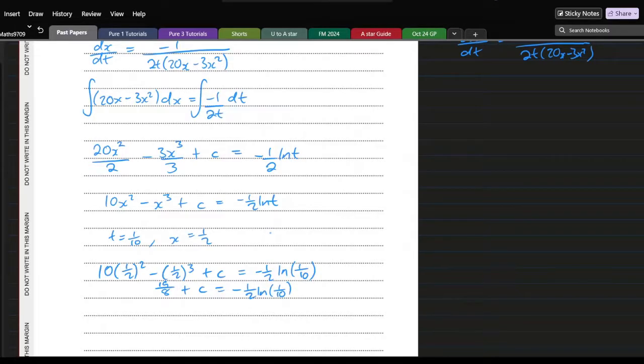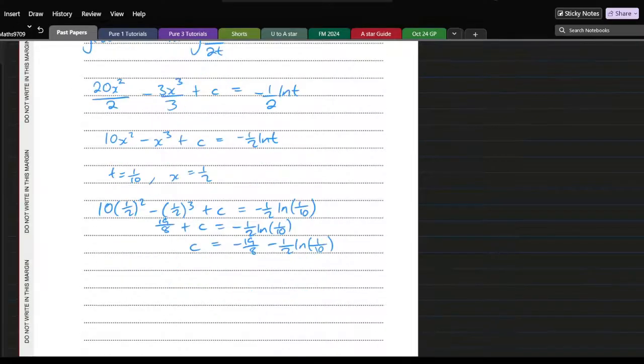So this means that c is equal to negative 19 over 8, negative 1 over 2 ln 1 over 10. Alright, so now that we have c, we can substitute it into this equation. So that becomes 10x squared minus x cubed minus 19 over 8 minus 1 over 2 ln 1 over 10, and this is equal to negative half ln t.